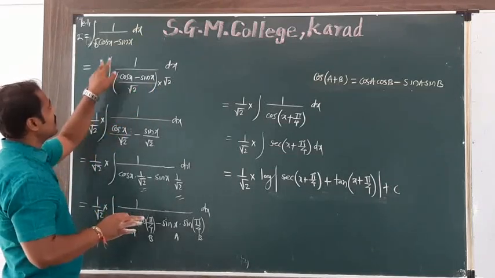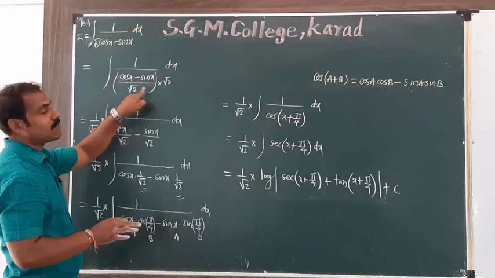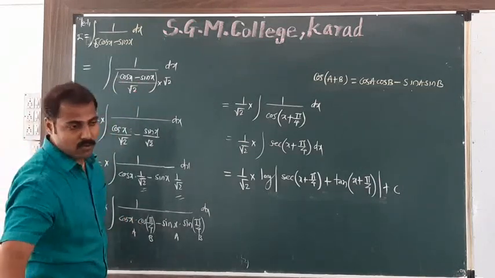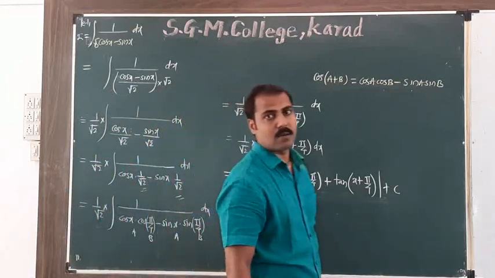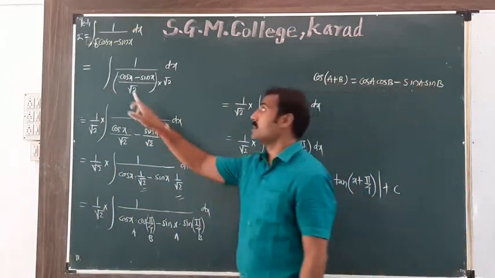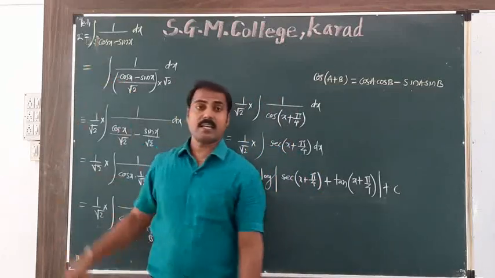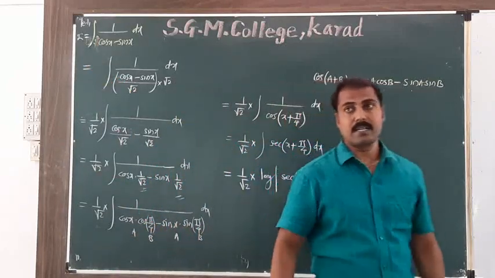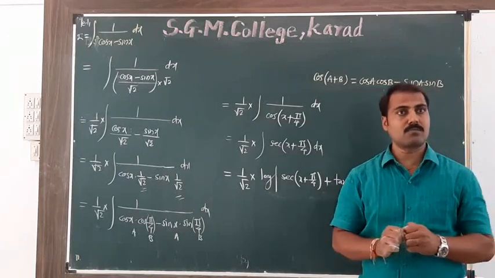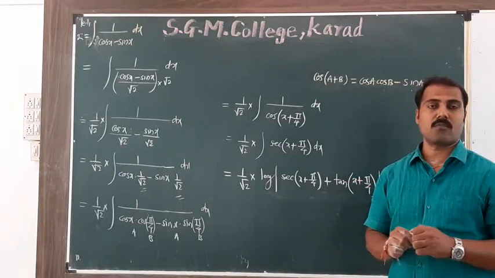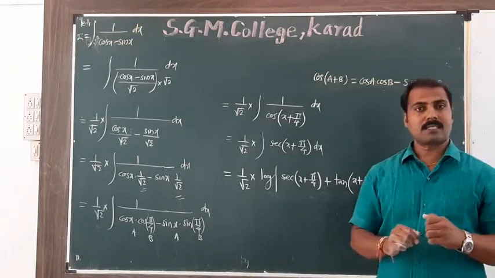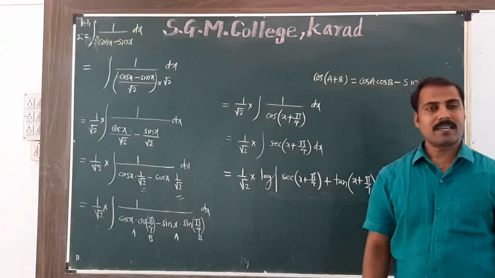If there is only one, then the adjustment is root 2. I hope you understand all these examples of this type: integration of 1 upon a sin x plus b cos x plus c dx, or integration of 1 upon a plus b sin x, or integration of 1 upon a plus b cos x dx. Understand? Okay, thank you.